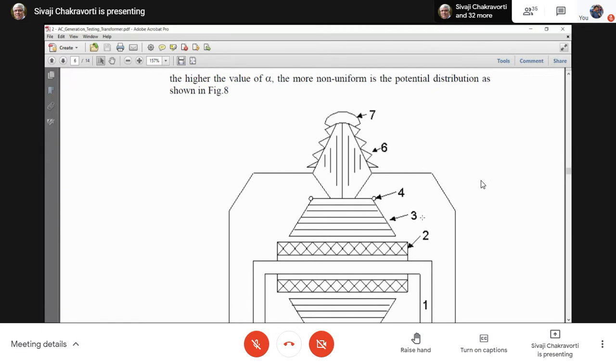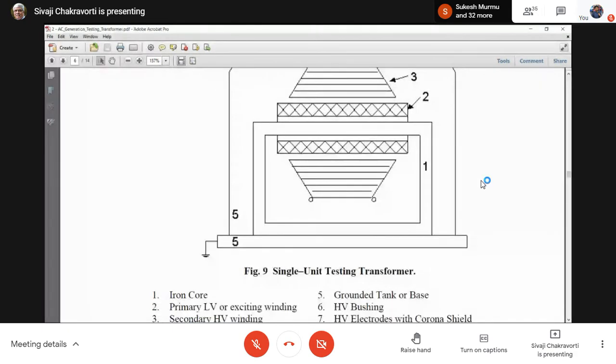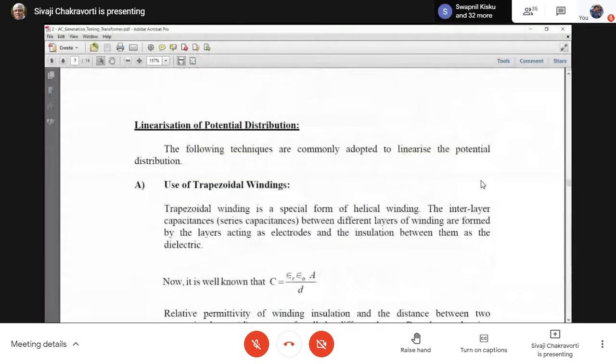There you don't require an insulator. So I repeat, whenever a high voltage conductor has to pass through an earth barrier, you need a bushing. There you don't require an insulator. So these are the small things. Please remember them as a good electrical engineer.